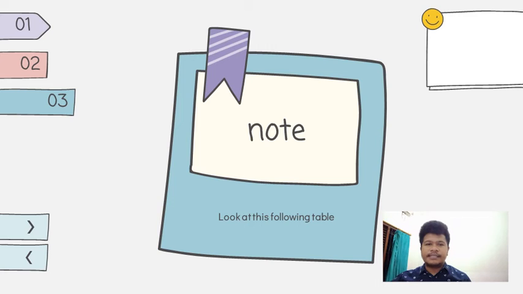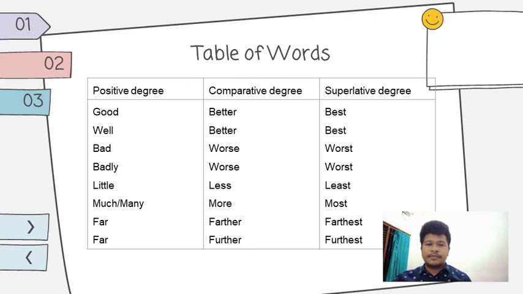However, guys, there are also several words that do not follow the principles mentioned before. So look at this following table. We have several words there. First, on the positive degree, we have good. So when it changes to comparative degree, it will be better, and the superlative degree, it will be best.